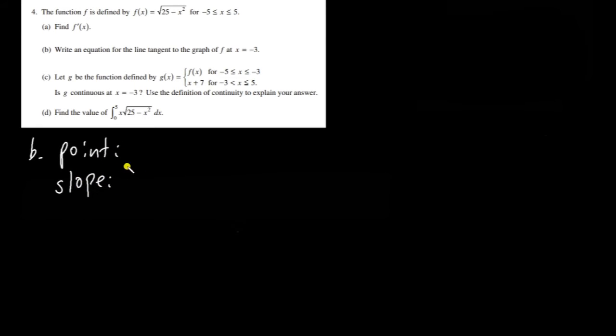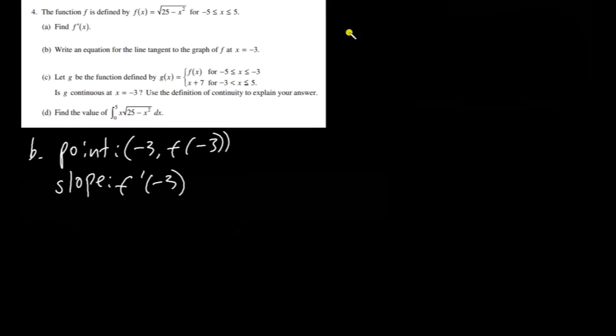For point, we need to write down the point that we're interested in. Since we're at x equals negative 3, the point is going to be negative 3, comma, f of negative 3. And then our slope is going to be the derivative f prime of negative 3. So all we've got to do now is evaluate f prime of negative 3 and f of negative 3.